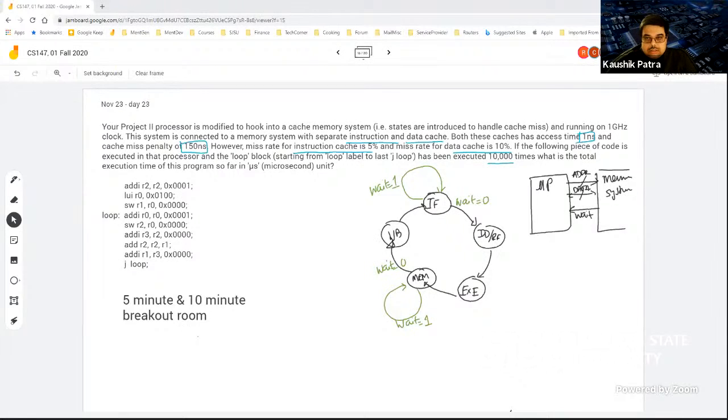Anyone else? My calculation is more like 900.06 microseconds, but maybe some approximation and assumptions are there. Any other answers to this problem? Final answers?